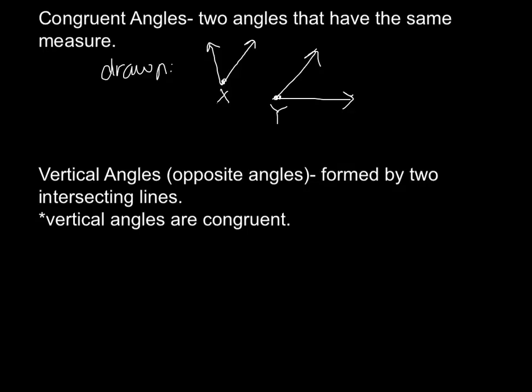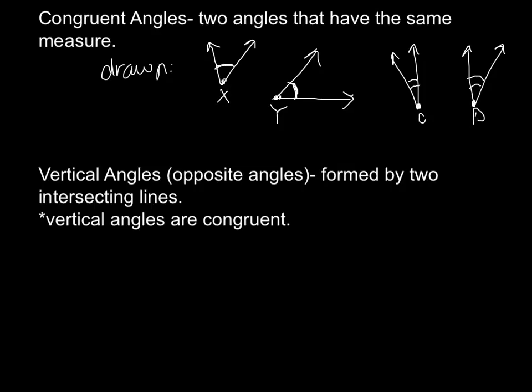Okay, and how we show congruence is if we draw a line like this on both of them. If there's a line like that on both of them, that means that they are congruent. This little half circle in there means that they're congruent. So let's say there's one line, that means those two are congruent. Then let's say I have this point C, and I have this point D, remember capital letters, and then I could draw two lines, which means those two are congruent.